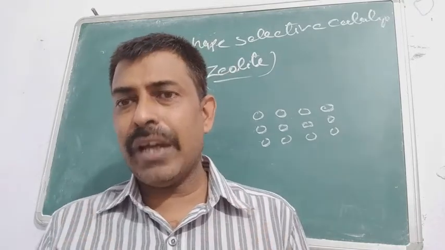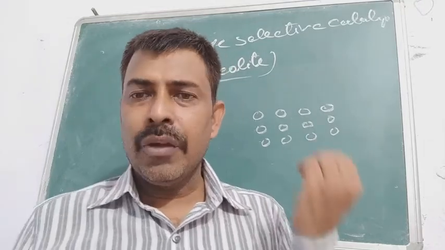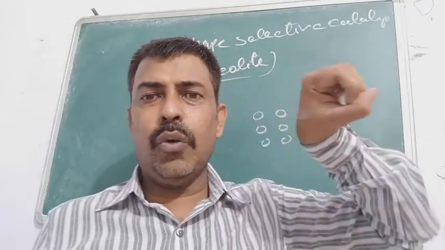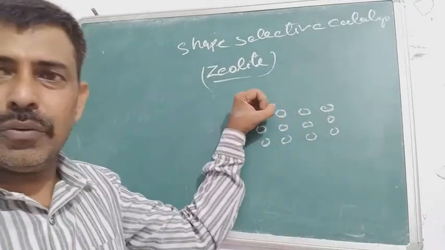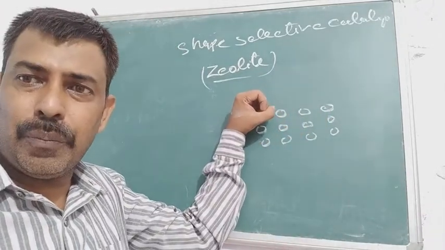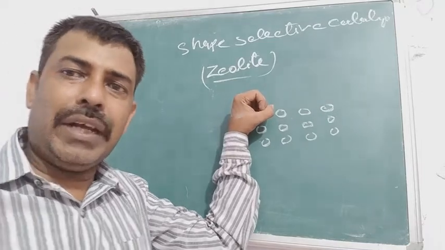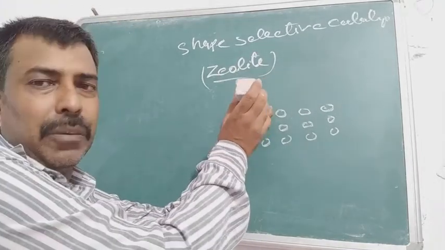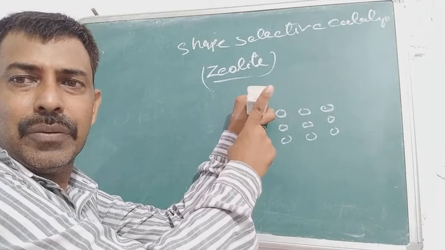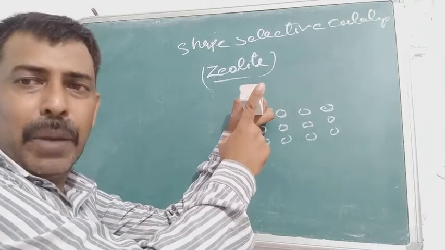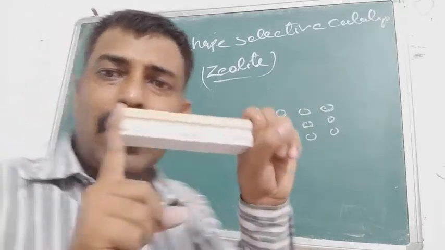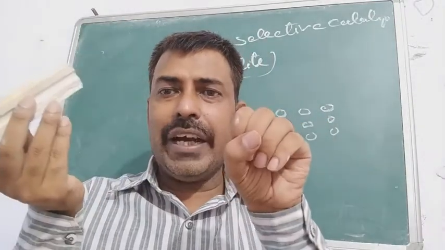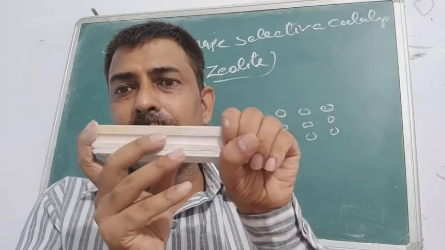If I try to explain with an example, consider that this is the pore of the zeolite. Now, if a system having a greater size approaches the pore, what happens? Adsorption cannot take place because its size is broader than the size of the pore.